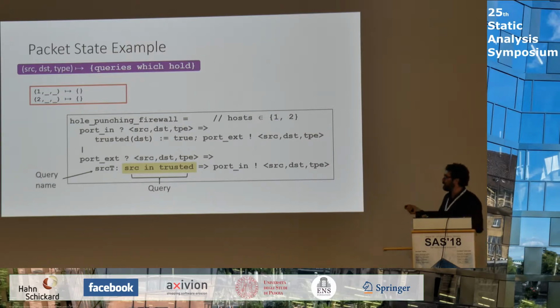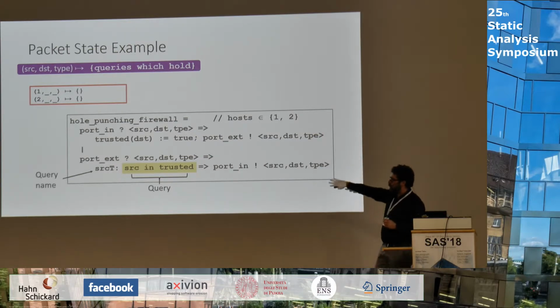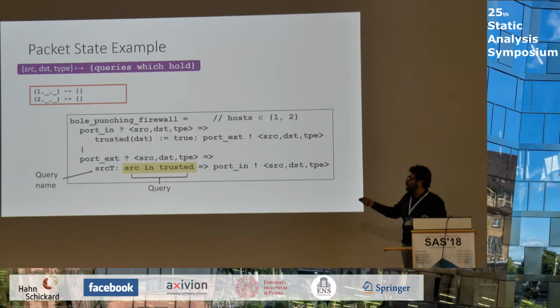And when we do that, this gives us the ability to represent the state as a mapping of each of the packets in the system to which queries will be evaluated to true once that packet arrives. So in our case, when we have just the one query, is source trusted? When the program execution starts, all of the packets in the system are mapped to an empty set.